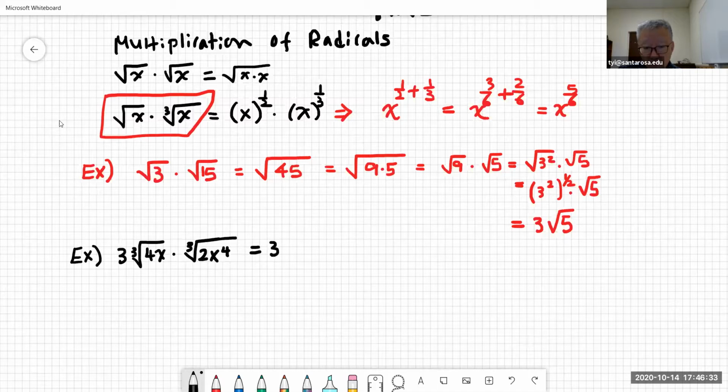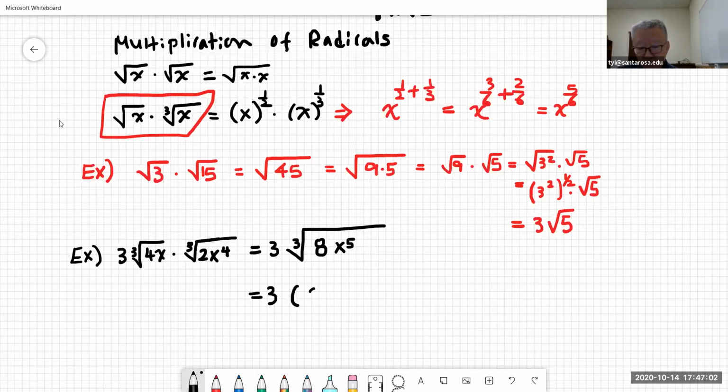So you got 3, and I have a cube root here. 4 times 2, I got 8. Then x times x to the 4th, I get x to the 5. That's nice, but we still need to take care of this 8x to the 5th. So I am going to rewrite 8 in base 2.